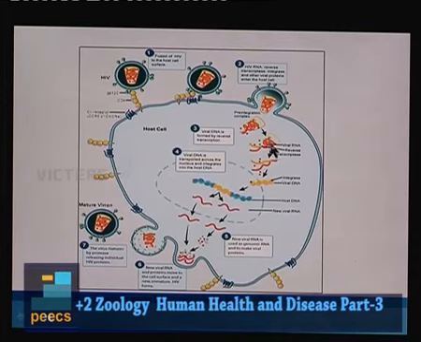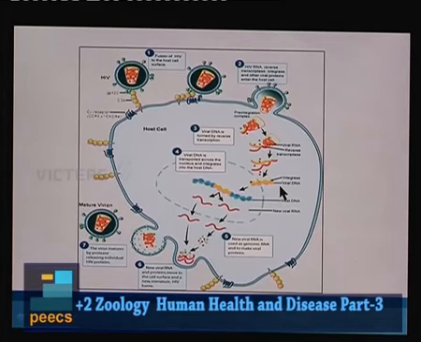And now what happens? The viral RNA which enters into the host cell, using reverse transcriptase, will give rise to a DNA copy. This is called reverse transcription. As a result of reverse transcription, there will be formation of a viral DNA.